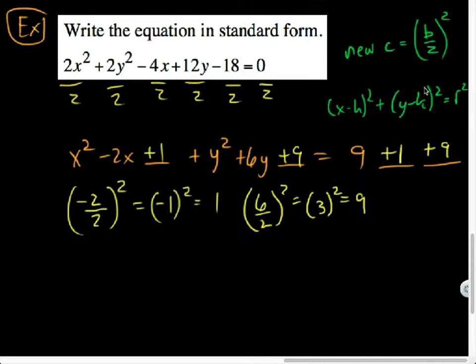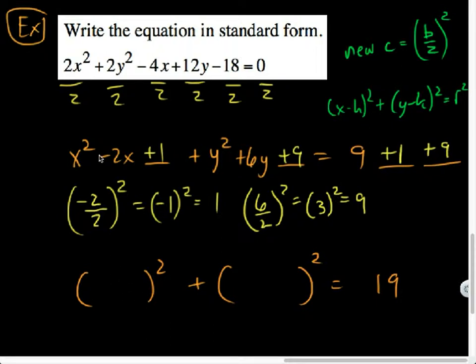So I want this to look like this. That means I'm going to have to factor this part and factor this part. To factor this is going to look like something all squared. The y's are going to look like something all squared equals 9 plus 1 is 10 plus 9 is 19. So what does this inside look like?